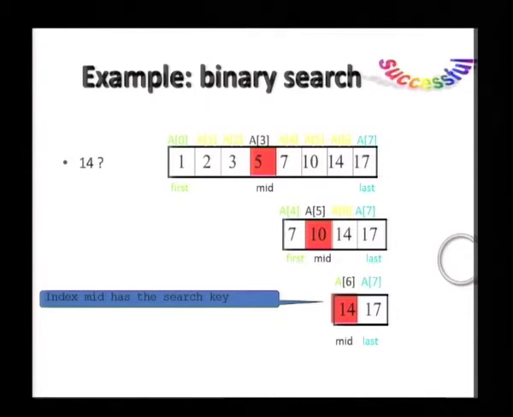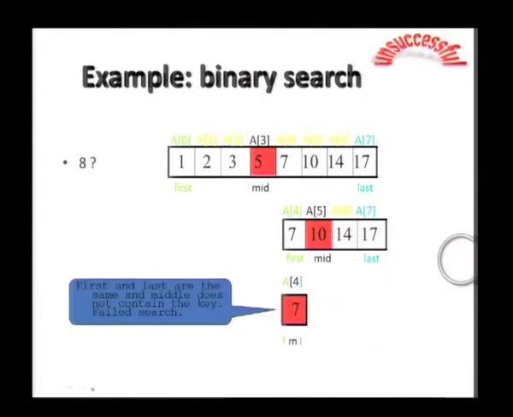The search value is 14, and clearly 14 is to the right, and first is the one whose value is updated to take the value 4; last remains unchanged. In the next iteration, mid becomes 5, 7 plus 4 divided by 2, and this search succeeds by computing the mid value 6. As you can see, the order of the elements in the array guides the choice of the array locations which are probed by the algorithm.